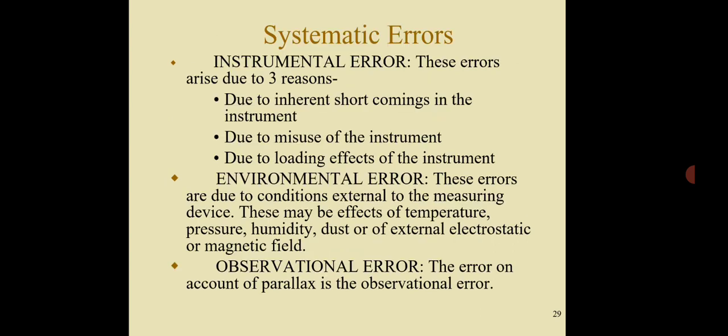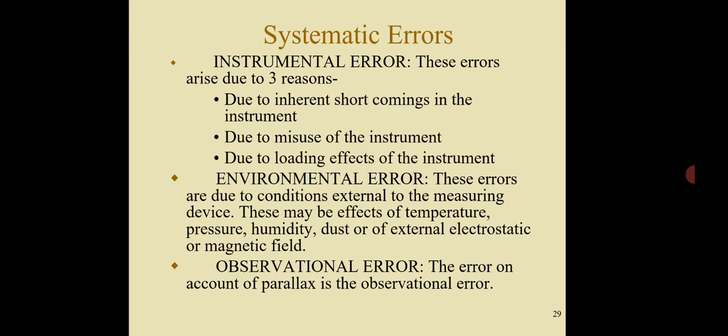What are systematic errors? As we have told, systematic errors are of three types: instrumental error, environmental error, and observational error. What is instrumental error?